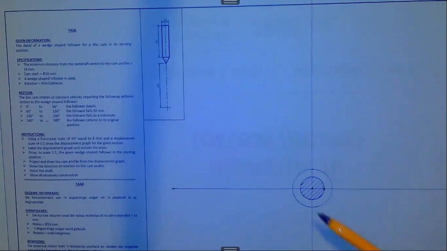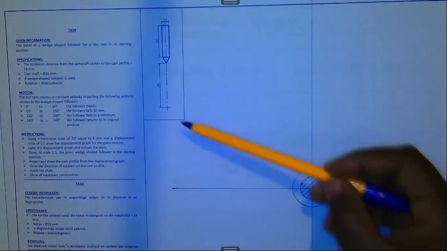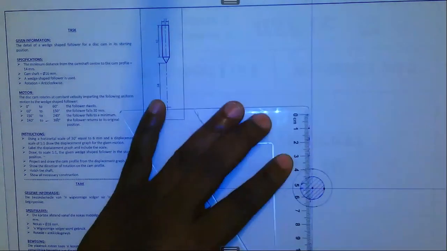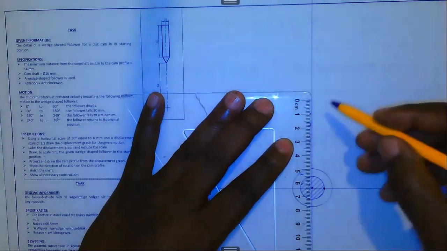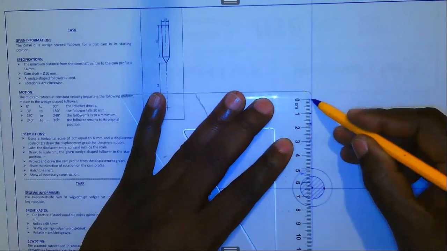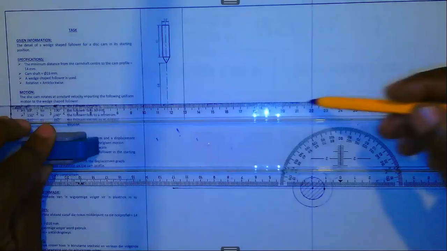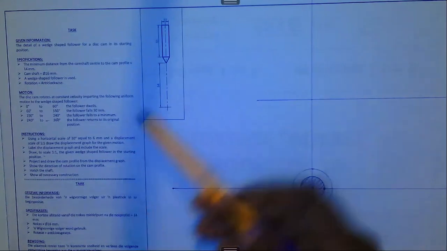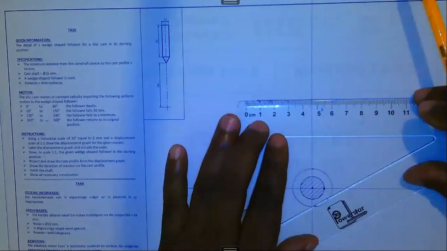The next thing that we want, now we can draw this information which is given from the camshaft center. We need 64. You can draw a faint line like that. Then you have got the height from here. We also need this 10 millimeters.